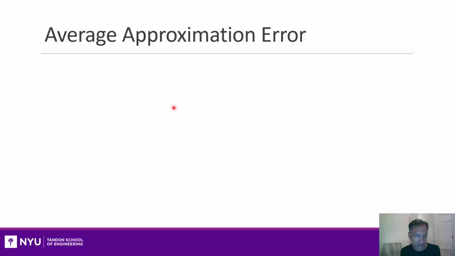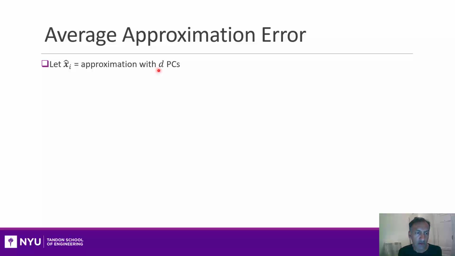All right, now that we know the mathematics of computing the principal components, let me try to show you what the average approximation error is, so you'll get an idea of when principal component analysis will work and when it won't. Okay, so let x hat i be an approximation with just d principal components.